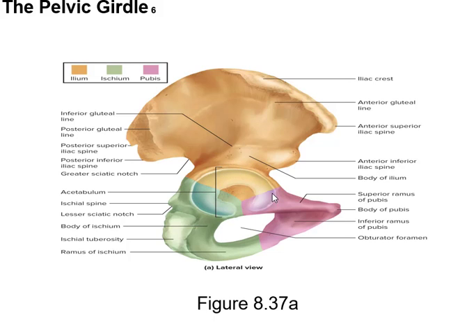The name of the socket where the femur fits, the head of the femur, is called the acetabulum. And it is from somebody who looked at it and said, whoa, that looks like a vinegar cup. And the word for vinegar is acetic acid, and so they named it the acetabulum. So there's your vinegar cup.